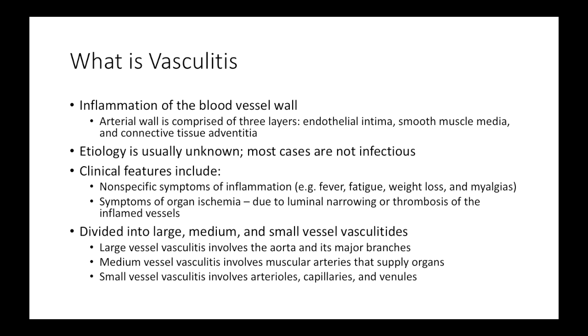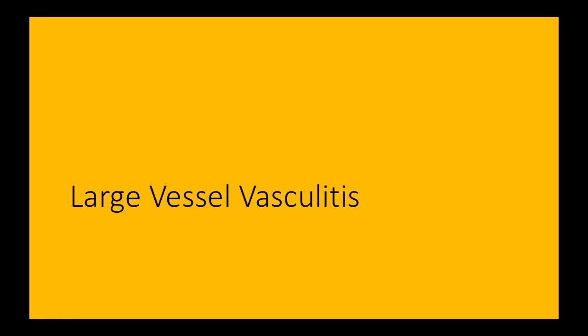Okay. So any questions about this before we move on to talking about the different large vessel vasculitis? No. Okay. So there are 2 types of large vessel vasculitides. Just remember, for large, there are 2.